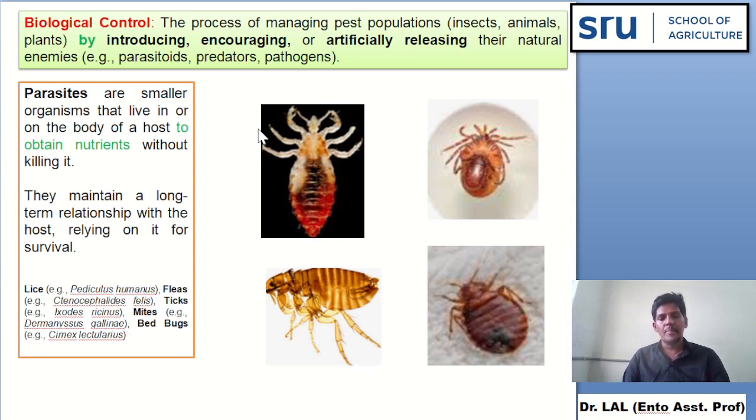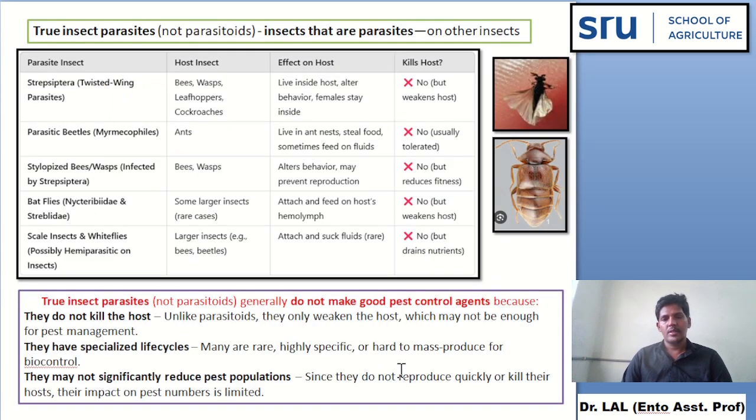See here examples: lice, ticks, mites, and bedbugs, etc. True insect parasites are insects that are parasitic on other insects.